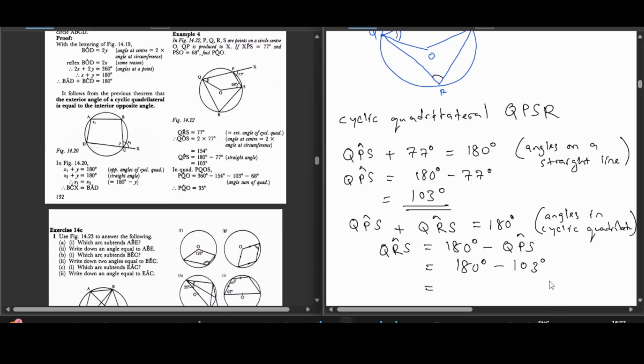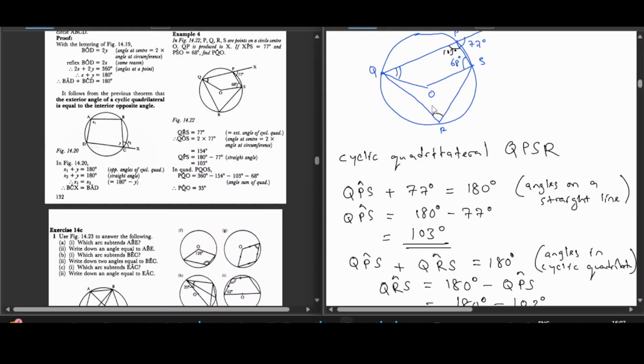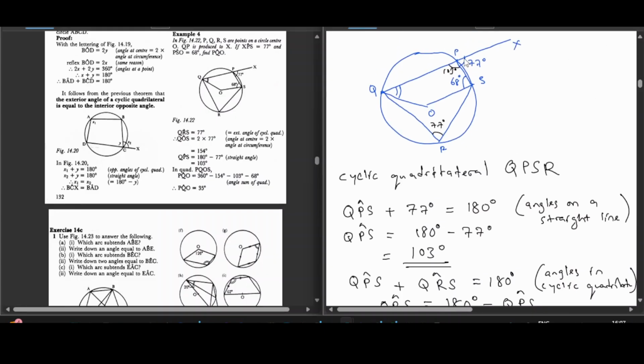So when we do the calculation, we get 77, but let us just do it because it's just a reverse of what we did. So this is 77 degrees. You might be tempted to say, since here is 77, this one should be 77.